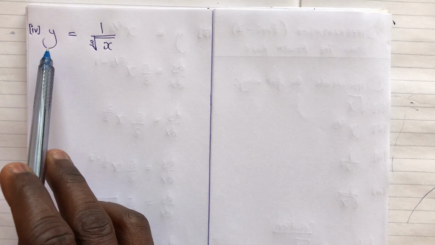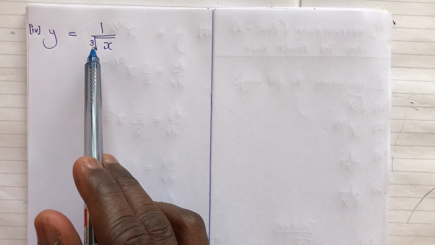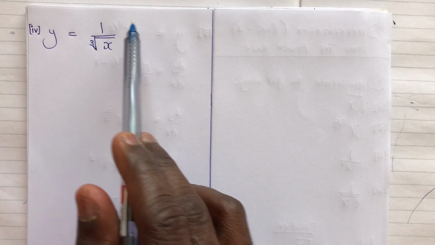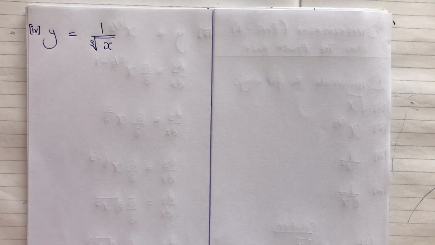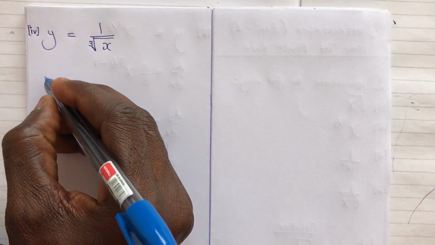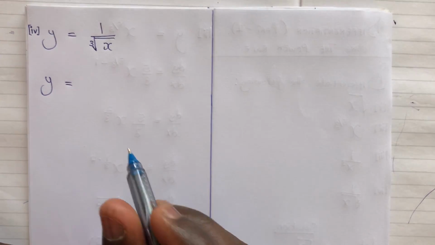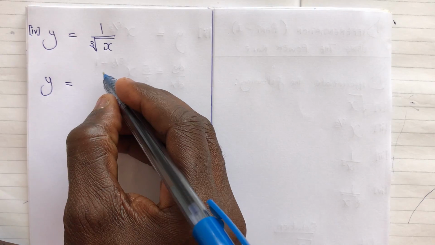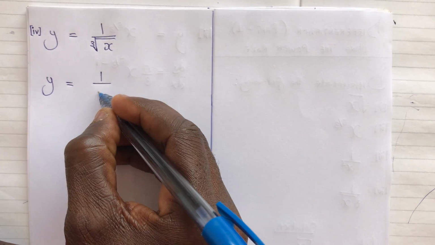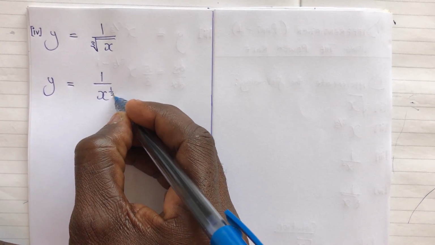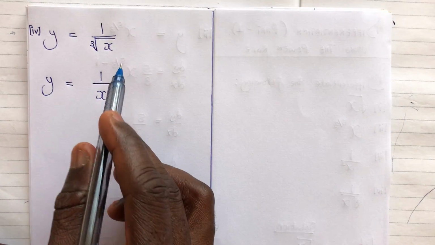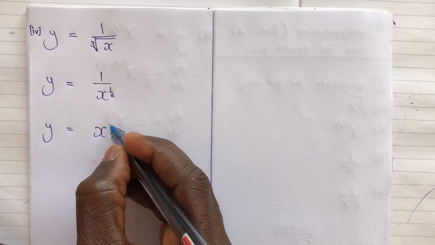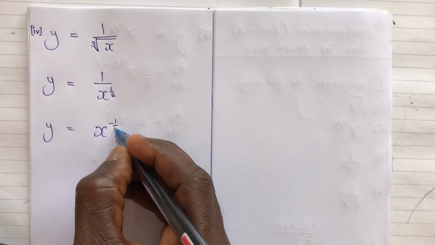Now we have here y equal to 1 over cube root of x. Before you can do this, we still need to change this side into a linear function by applying indices. So this is the same as y giving us, now watch, this is cube root, which is the same as 1 out of 3. So we can have 1 over x to the power 1 out of what? 3. Then we change it back to a linear function, giving us y equal to x to the power negative 1 out of what? 3.